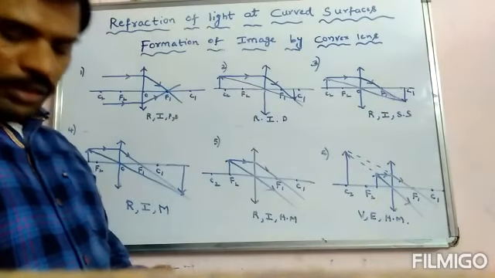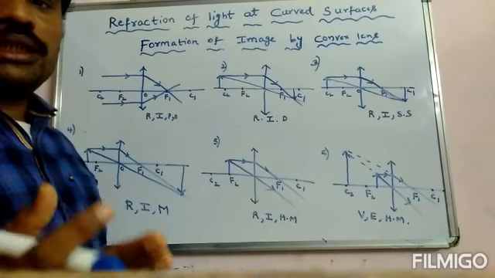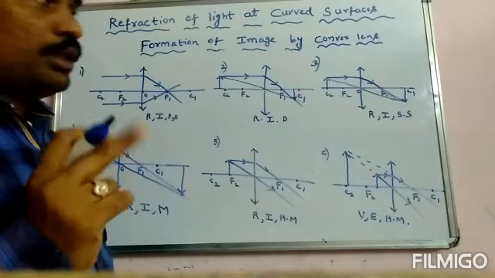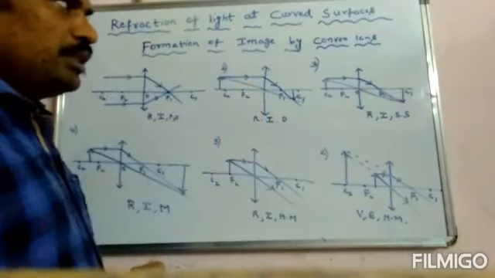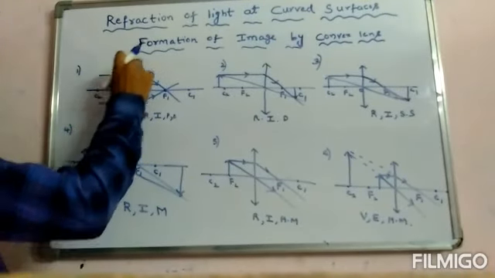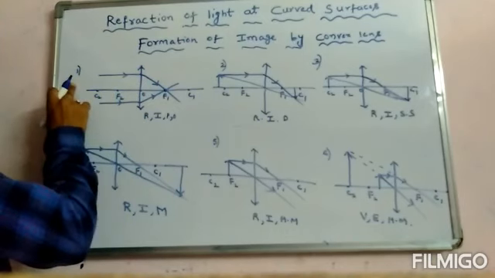Good morning, students. In the previous class we learnt about the rules for drawing the ray diagrams for convex lens and concave lens. Now let us see the formation of image by convex lens. Look at the first diagram. Here I have shown you the convex lens. Now the object is at infinity.